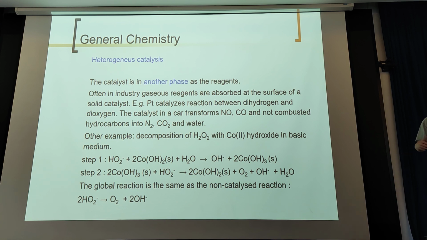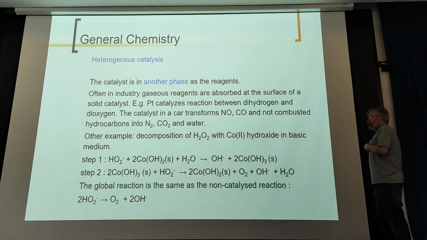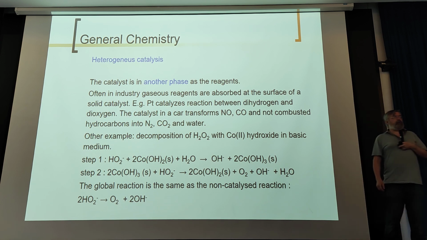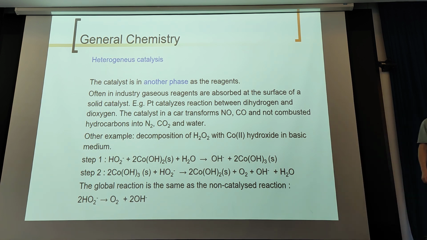Hydrogen peroxide is a solution, but the cobalt isn't. In the second step, the cobalt 3 hydroxide is a strong oxidant, and now can oxidize quickly the hydroperoxide. Oxygen is formed, and we reform the cobalt 2 hydroxide, which can undergo the second cycle.